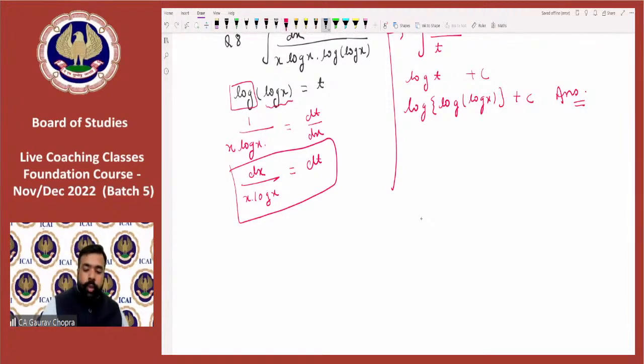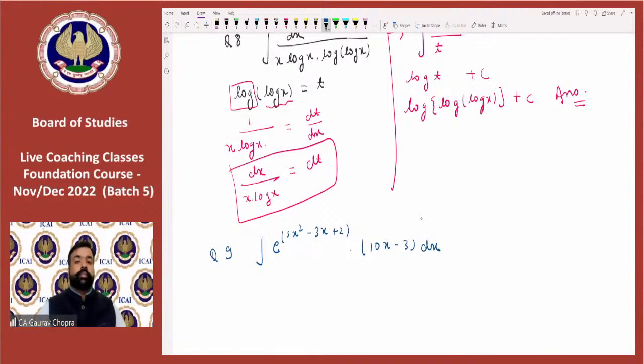Then let's try another one. E to the power of 5x square minus 3x plus 2 multiplied by 10x minus 3 dx. So whenever the situation is there, we are having something raised to the power, and its differentiation is available in the question, then we can let this value as t.